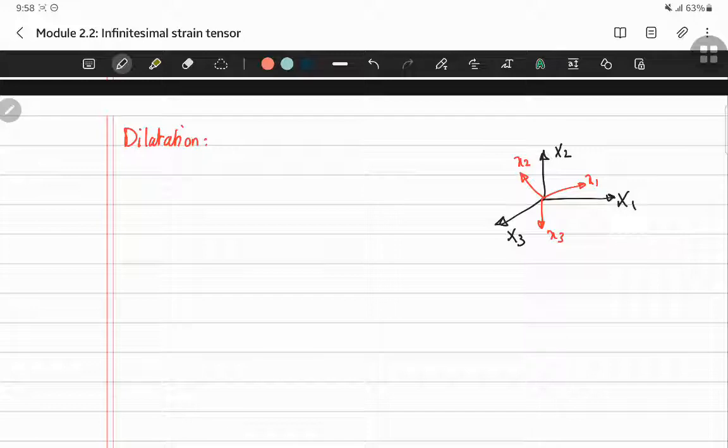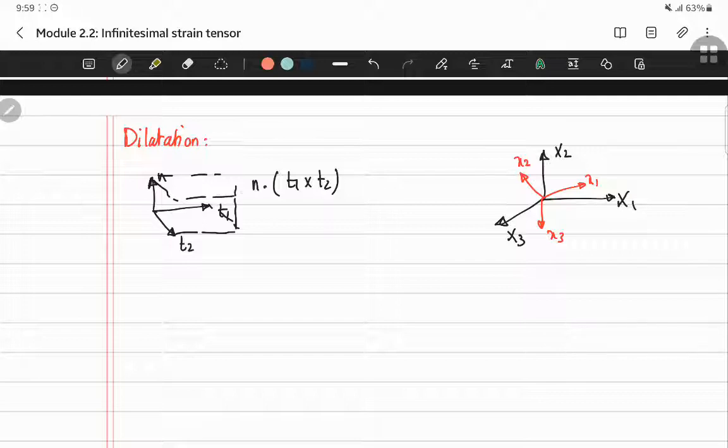First, we know that if you have T1 and T2, then N dot T1 cross T2 gives you the volume of a parallelepiped formed by these vectors. So we use the same concept here.